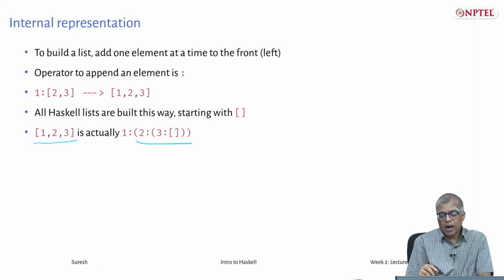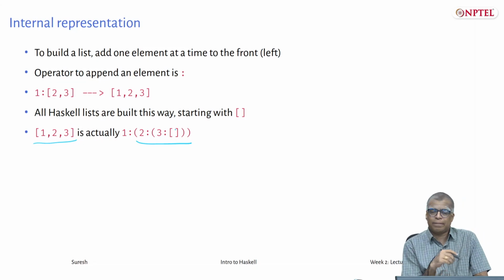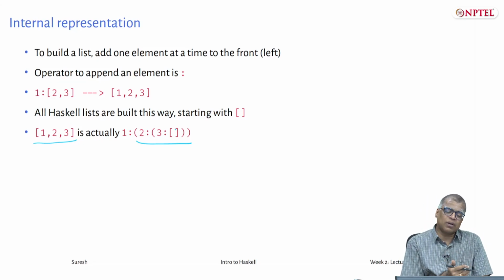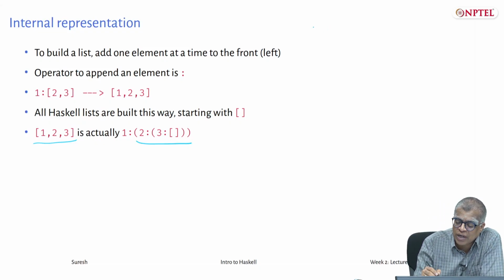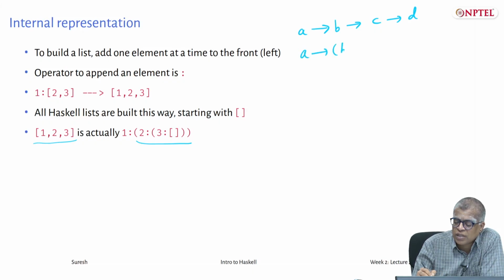Okay. And since Haskell has ways of reducing clutter in code, recall that in last week's lecture I mentioned that something like this type is automatically interpreted as A arrow B arrow C arrow D, or in other words the arrow symbol is right associative.